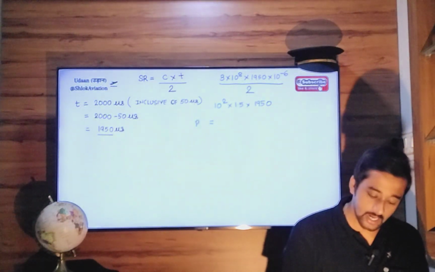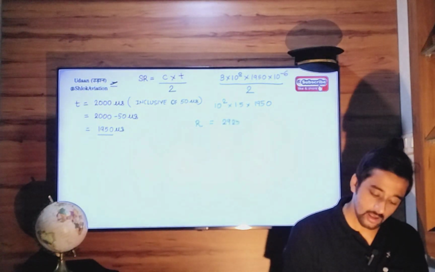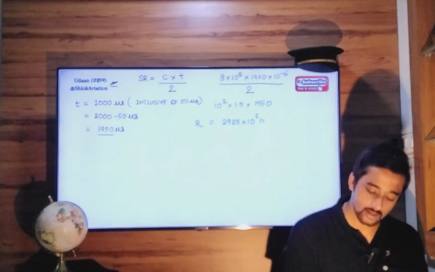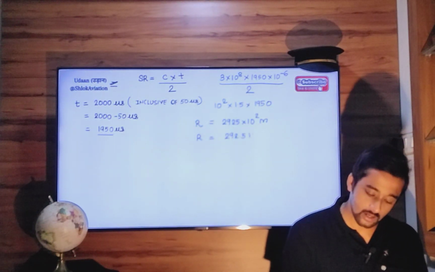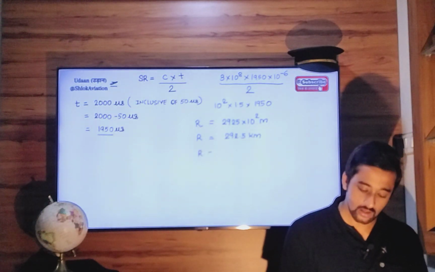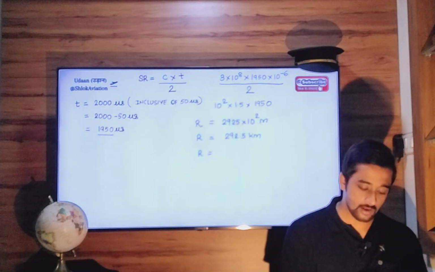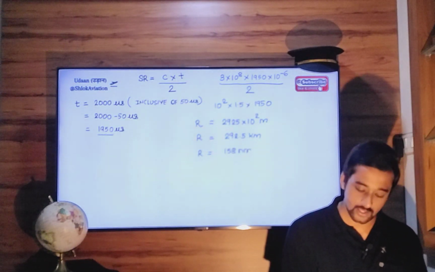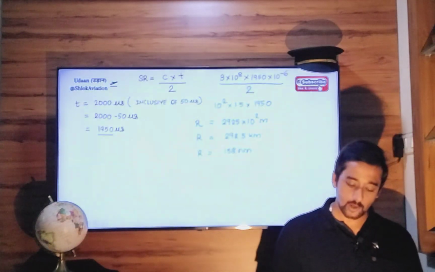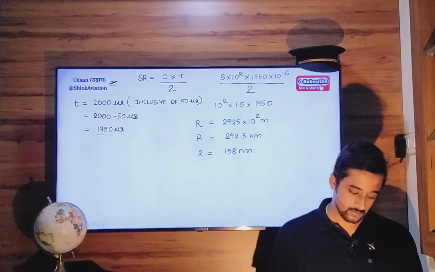So slant range is 2925 into 10 raised to 2 meter, or 292.5 kilometer, or 292.5 divided by 1.85, that is 158 nautical miles. So select that option which is closest to this value.